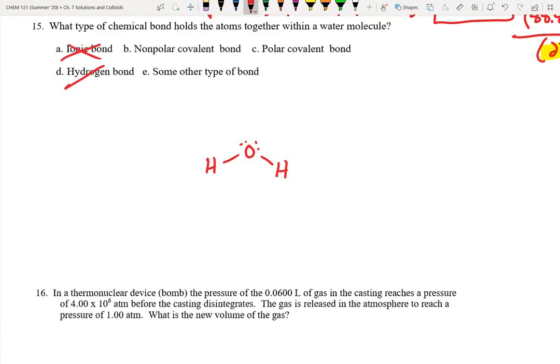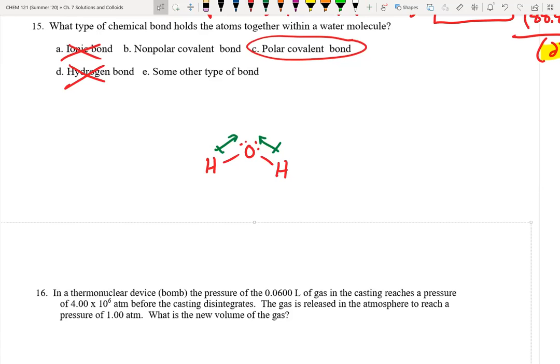It wouldn't be a hydrogen bond because that's what holds water molecules to one another, but it's not what holds the atoms together within a water molecule. And so then we'd have to say, well, is it a polar covalent bond or non-polar covalent bond? And I'd say, well, it's got to be polar because oxygen is pretty electronegative and it's pulling electrons away from the hydrogen. So I would just go ahead and quickly circle this as review.